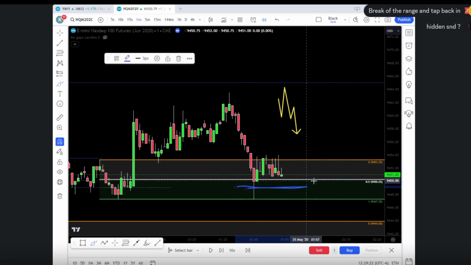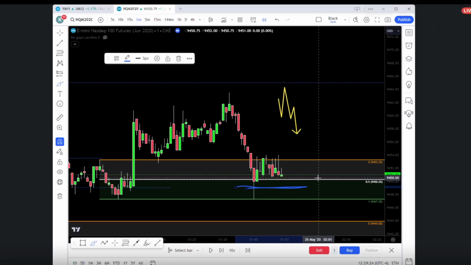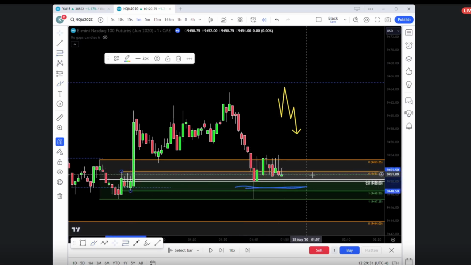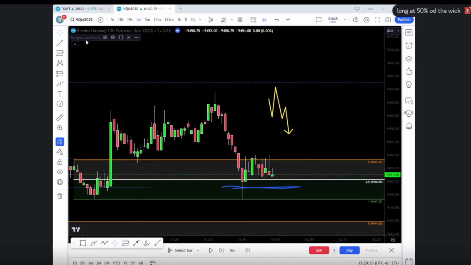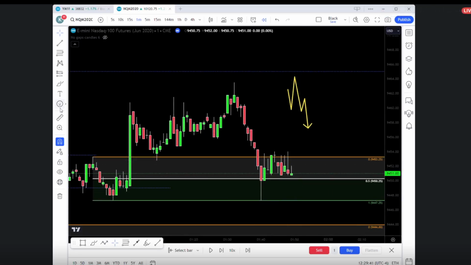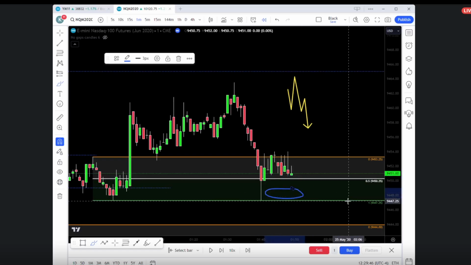Alternatively, we could touch on something into here. And some people are talking about this S&D, which is also something else. What we don't want to see that would lead us to think that lower prices are coming, unless it knifes down, of course, is a body closure in here.